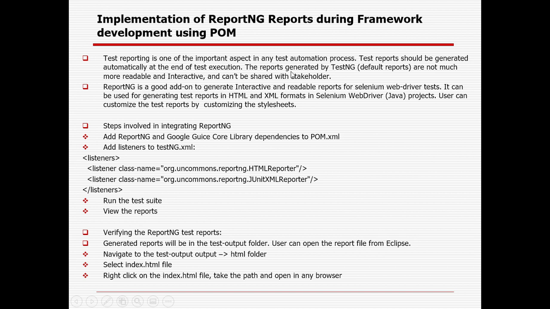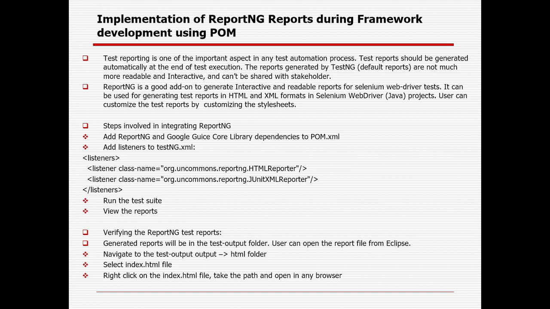Test reporting is one of the important aspects in any automation process. Test reports should be generated automatically at the end of the test execution. The reports generated by TestNG are not very readable and interactive, and sometimes cannot be shared with the stakeholder, because the stakeholder requires some sort of more customization, right?